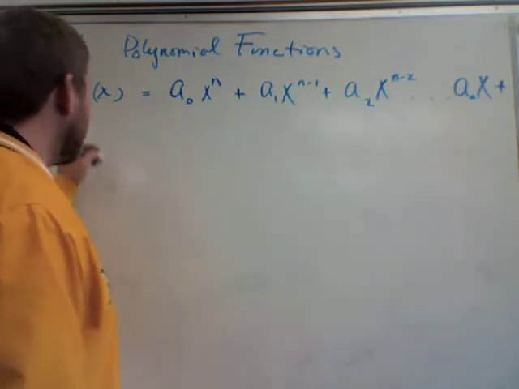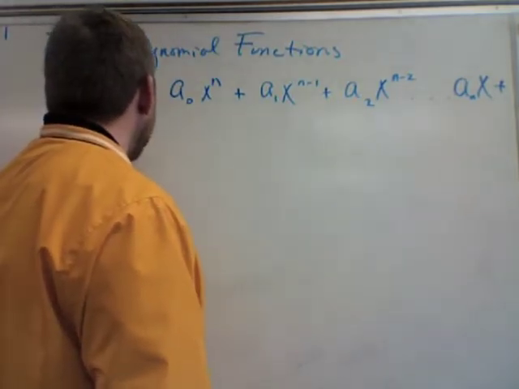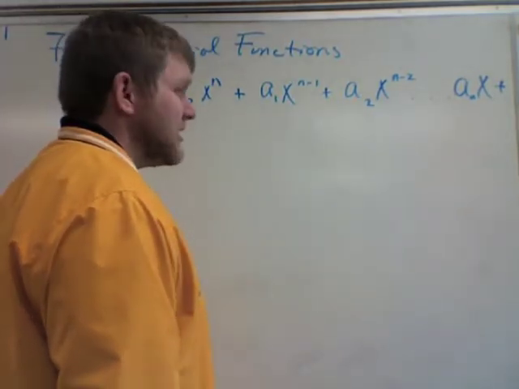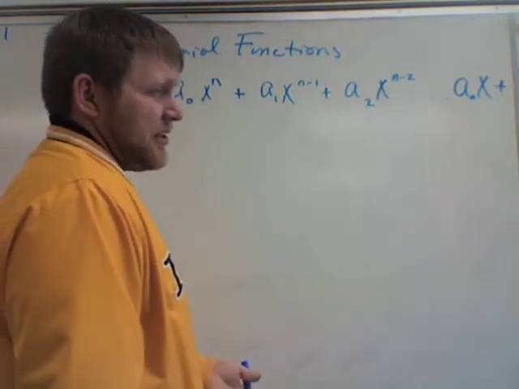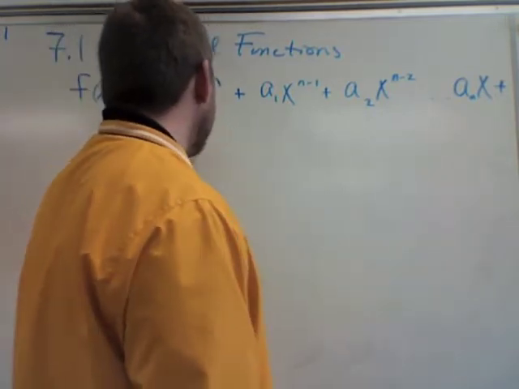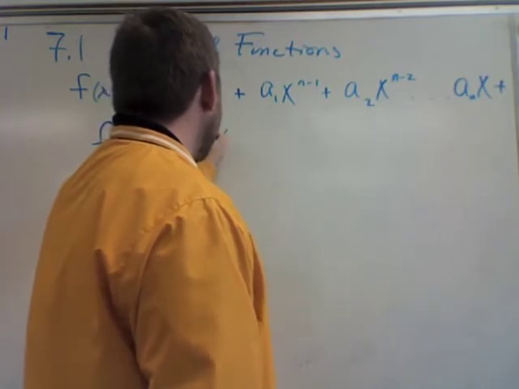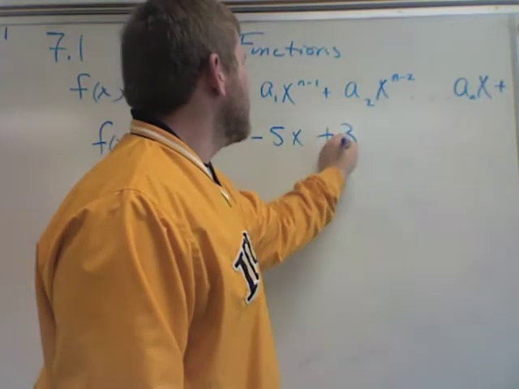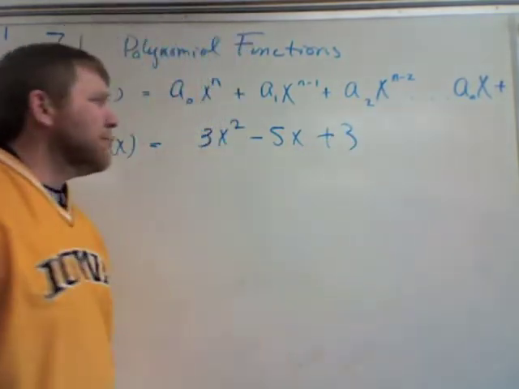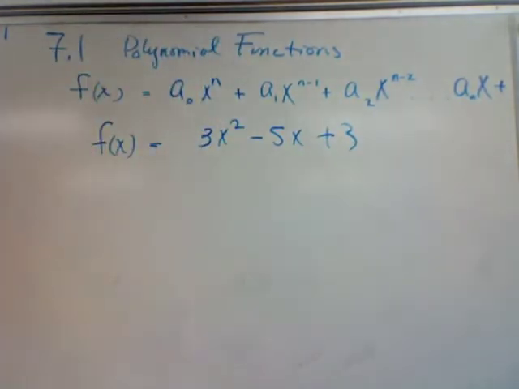So, for example, to actually put numbers in here: you've seen these already dealing with trinomials. That's considered a polynomial function. For example, 3x squared minus 5x plus 3. But that's all that we've messed with.